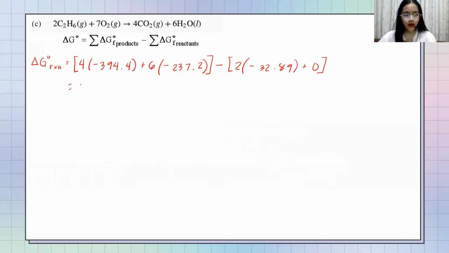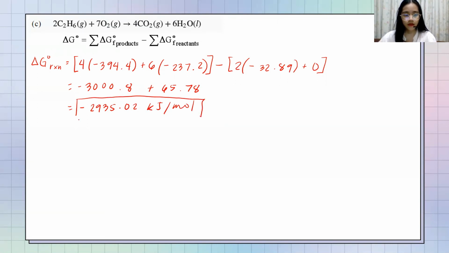The product side, we have negative 3000.8 plus the reactant side, we have 65.78. So finalize the answer. We have negative 2935.02 kilojoules per mole. So this is the standard state free energy of the reaction.